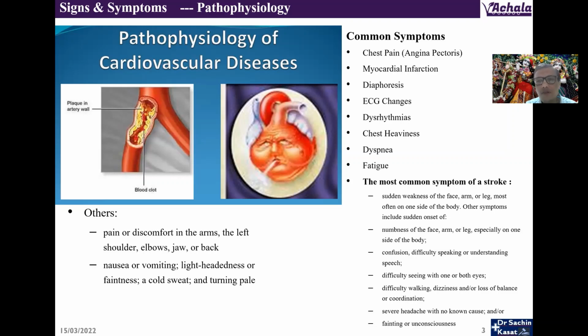So any of these would be indicative towards a stroke. Others you may find pain, discomfort in arms, nausea, vomiting, but those are irrelevant symptoms.